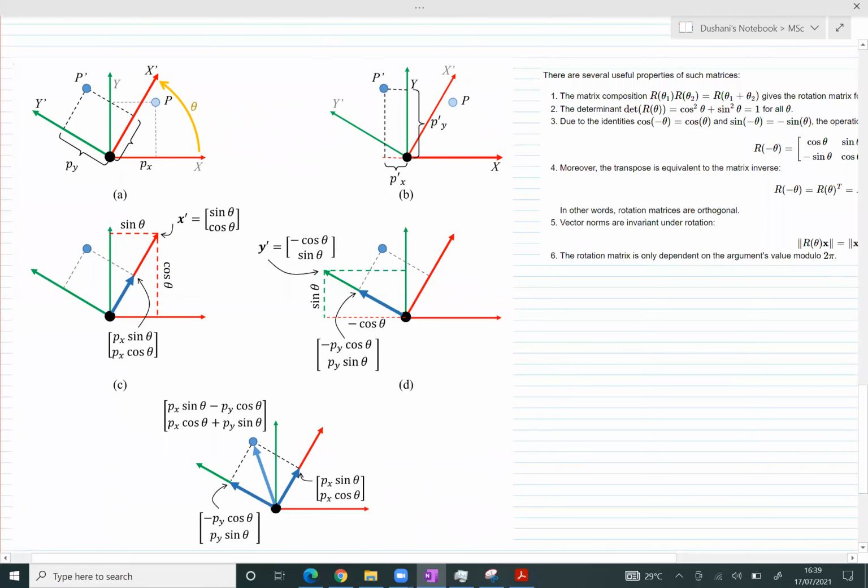So let's consider two reference frames with a common origin O. The pre-rotation axes will be x and y. This is the pre-rotation axis, and post rotation, after you rotate, what you get is x dash and y dash, as you can see here.